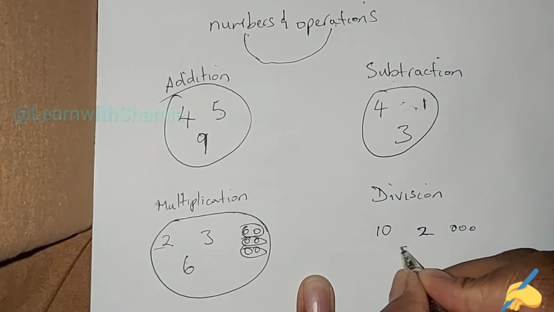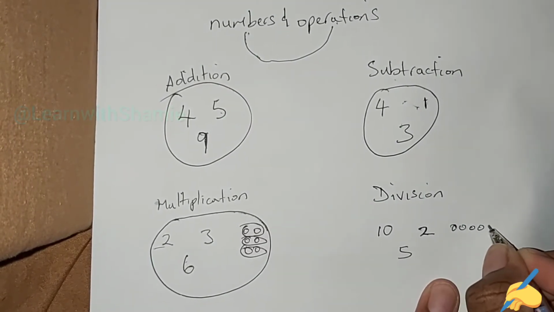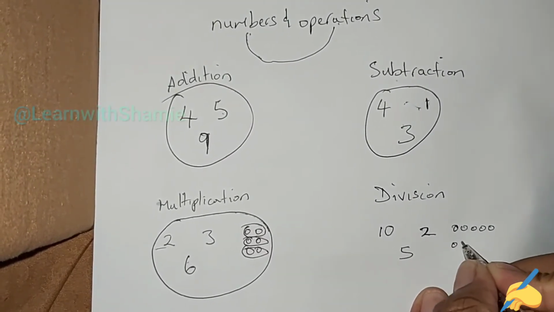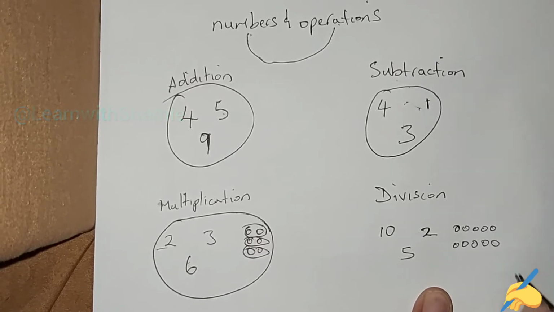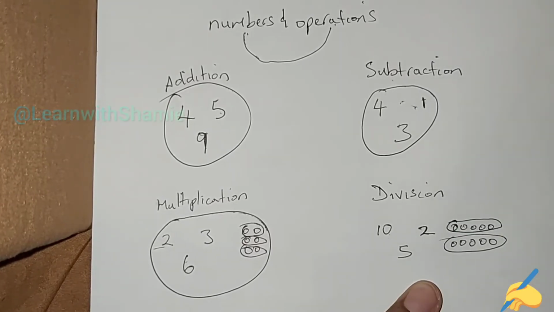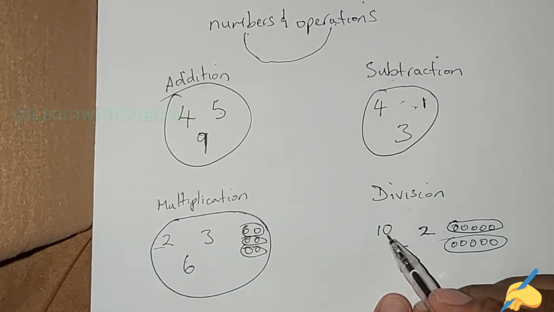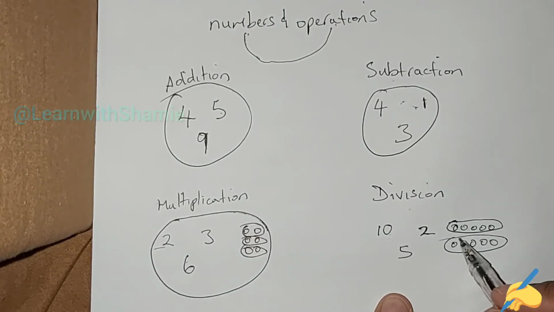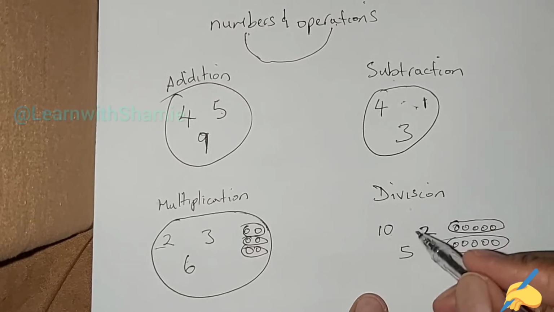So 10 divided by 2 gives us 5. So we're going to divide 10 into 2 groups of 5. So division takes an amount and separates it into a number of equal groups.